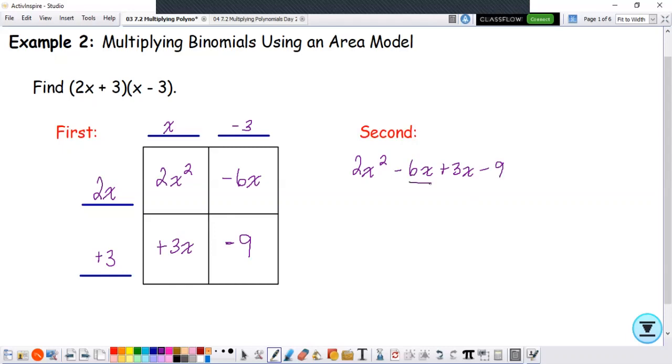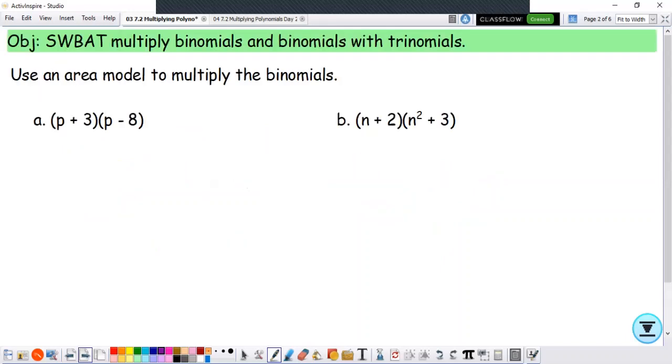And then you'll see I have 2 terms in the middle that are like terms. So those 2 terms can be combined, 2x squared minus 3x minus 9, and we have multiplied 2x plus 3 times x minus 3. Let's try this with 2 more binomials.